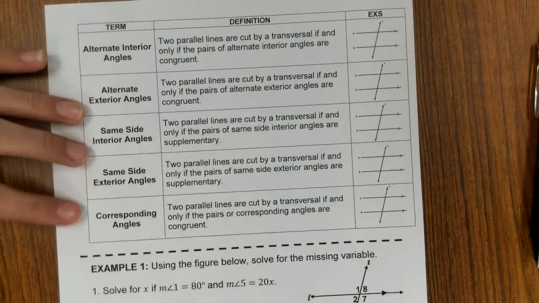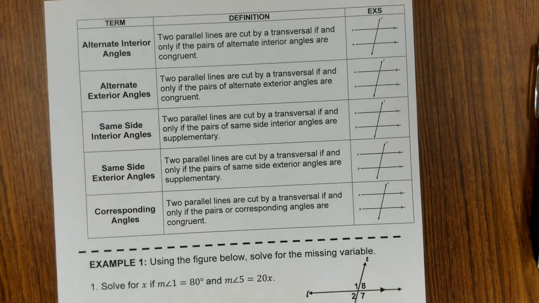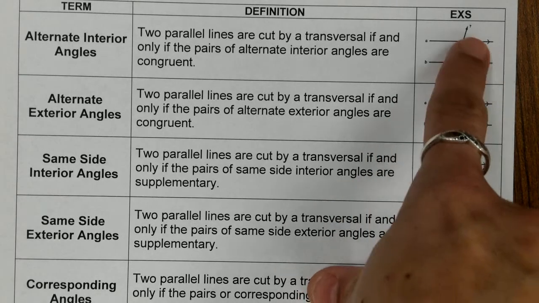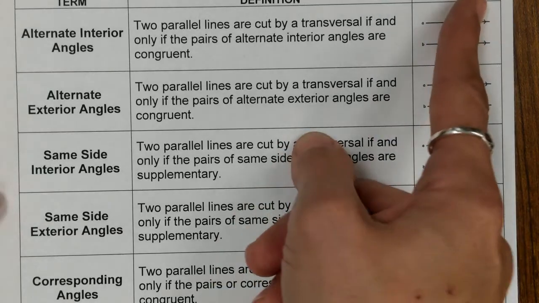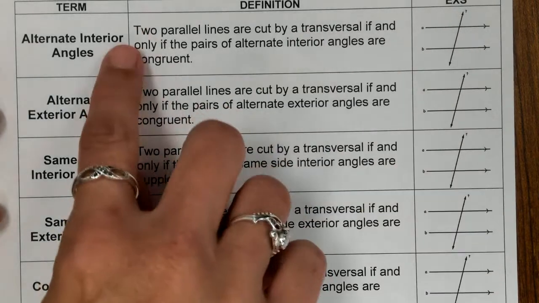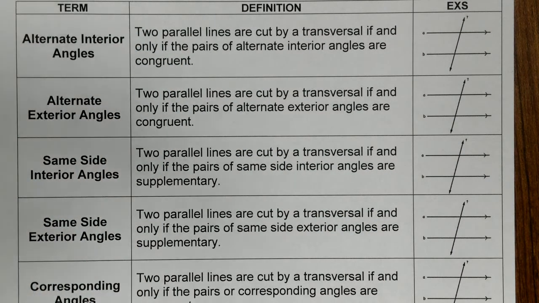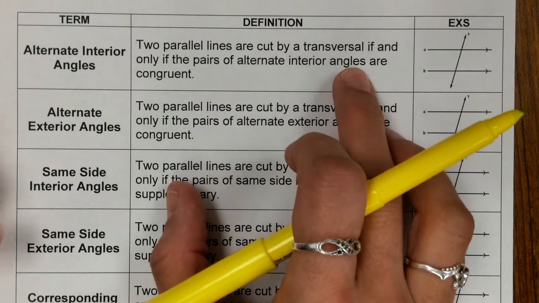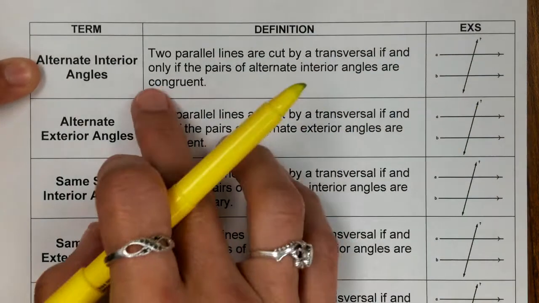The next part of the notes, we are going to look at these parallel lines, and we have them marked with the arrows here. Then we have our transversal. We're now saying, because we have parallel lines, if two parallel lines are cut by a transversal, if and only if, remember that as our biconditional, if and only if the pairs of alternate interior angles, right here, are congruent.